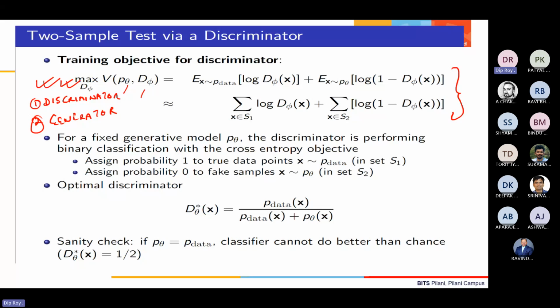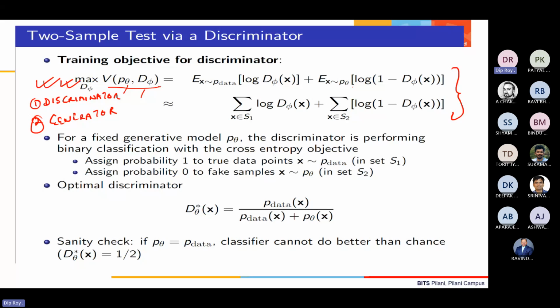I have a generator which is generating something. I'm not training the generator. I only want to train the discriminator first. This is a theoretical case, just to explain the slide. So what I'm going to do is maximize this particular function with respect to d phi. And this is my training objective.